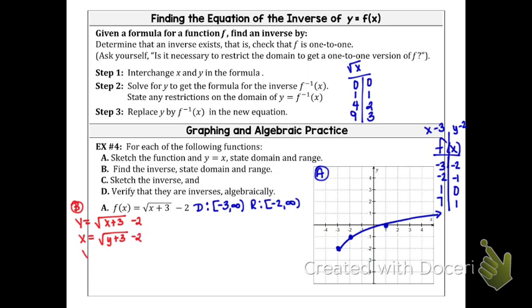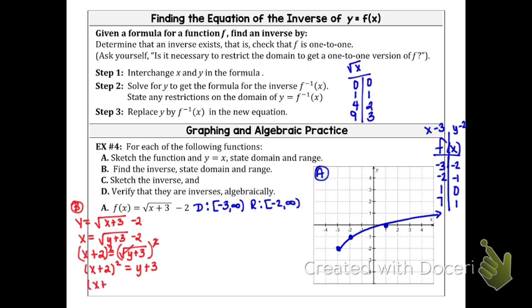So I'm going to move the 2 over. And then I got to get rid of that square root. So I'm going to square both sides. So I get x plus 2, all of it squared, equals the y plus 3. And then subtract the 3.